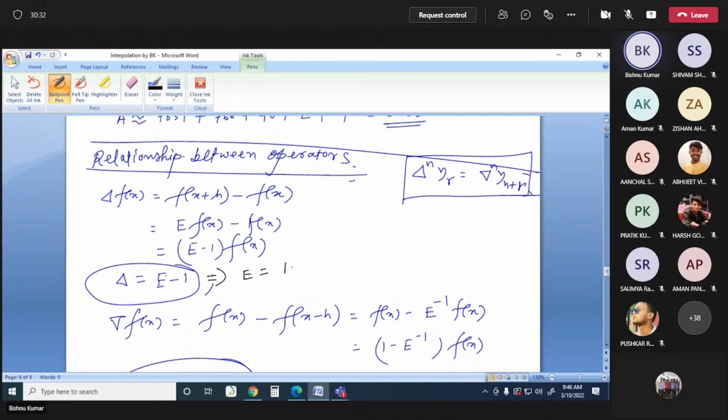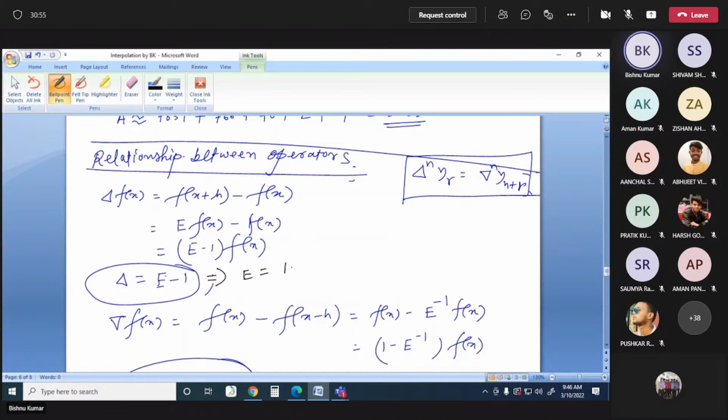This is one relationship. You may be able to express it if you are given some statement to prove something. Suppose derivative equals something, then you just take logarithm on both sides. So h D is equal to log of 1 plus the forward difference operator. Sometimes you just divide by h.